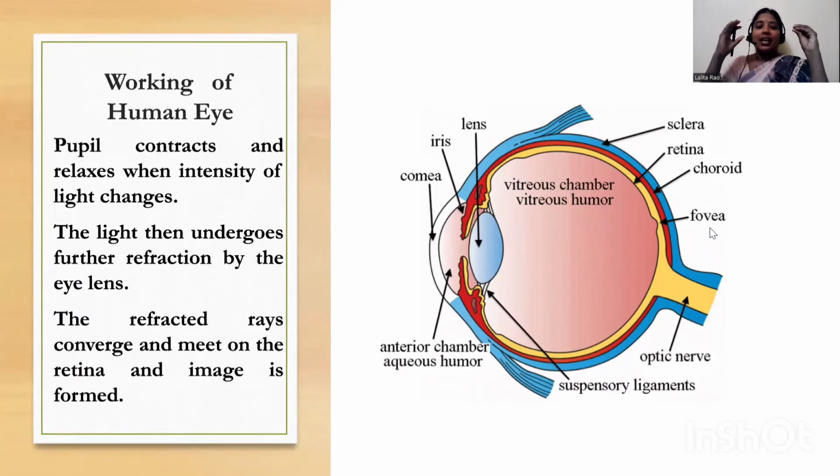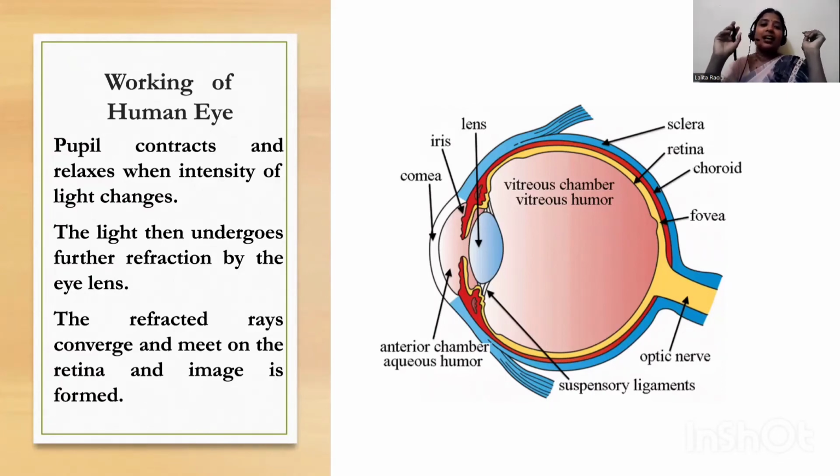The pupil contracts and relaxes depending upon the intensity. If the intensity of light around you is more, then it contracts. And if the intensity of the light around you is less, then it relaxes and allows more light to enter. Then the light undergoes further refraction by the eye lens, and those refracted rays converge and meet on the retina.